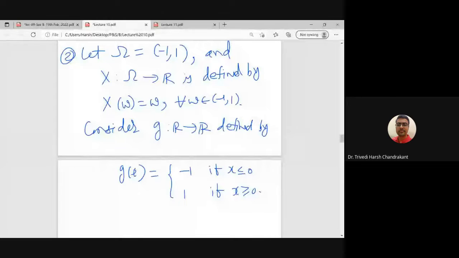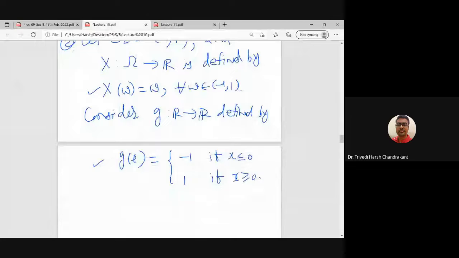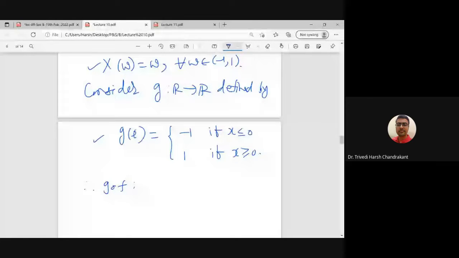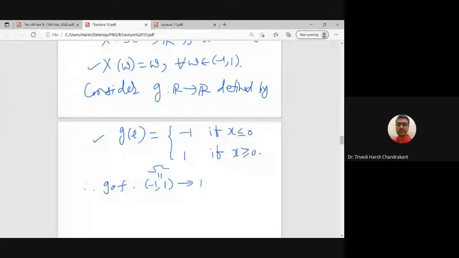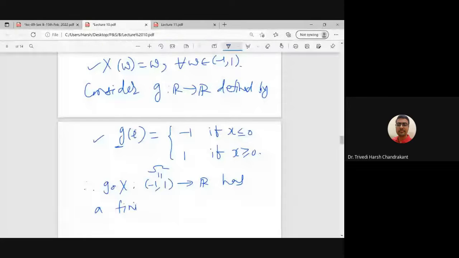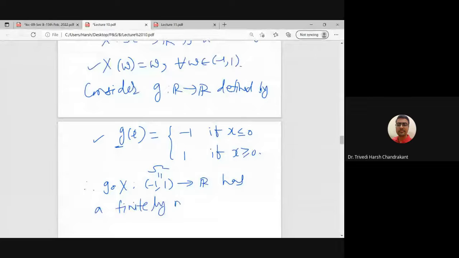Now if we compose these two functions X and g, then g composition X is a map from omega to R. Since the range of g is a finite set, this composition has a finite range, so basically at most 2 elements.